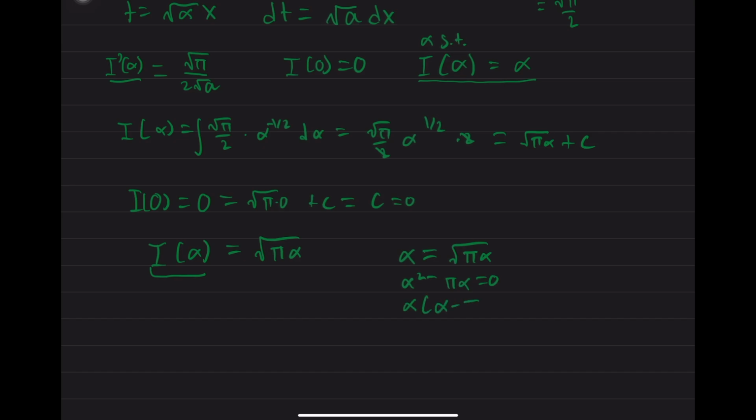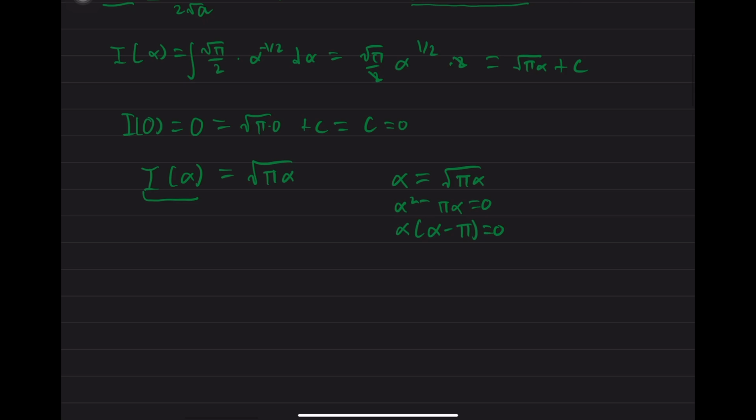Alpha times alpha minus pi is equal to 0, and alpha is equal to 0, or alpha is equal to pi. This is the same as our values for I, so I is equal to 0, or I is equal to pi. We must find the non-zero constant such that I satisfies the equation from before.